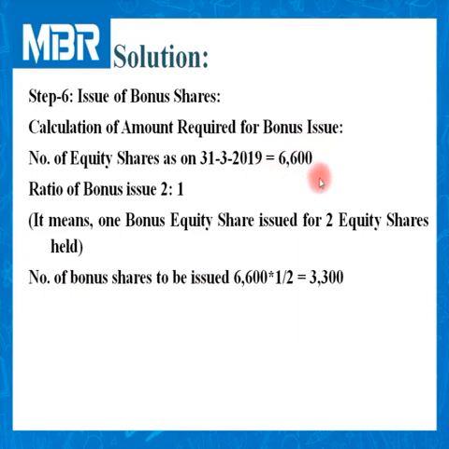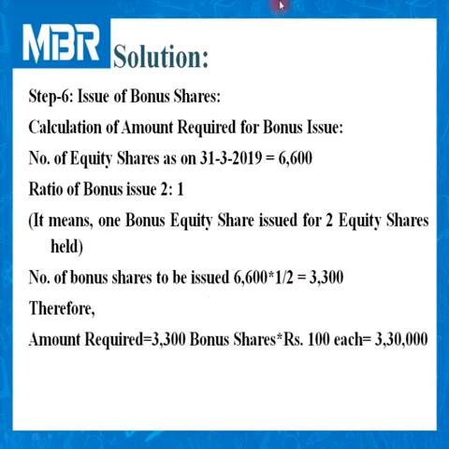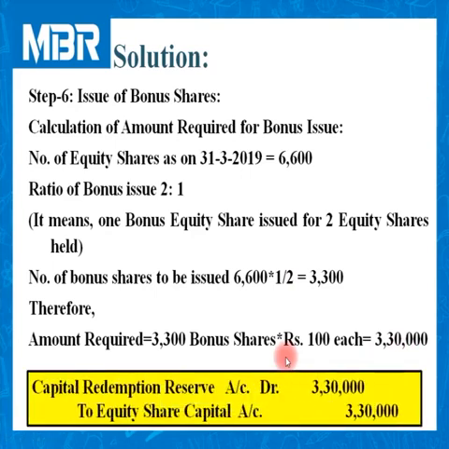On 6,600 original equity shares, existing equity shares, the company has issued bonus in the ratio of 1/2. So 3,300 number of shares offered by the company as a bonus to their equity shareholders. And amount required for the bonus issue is rupees 3,30,000.